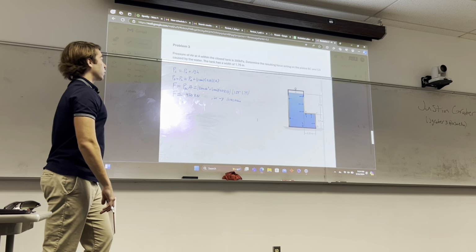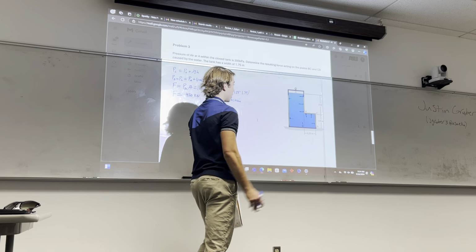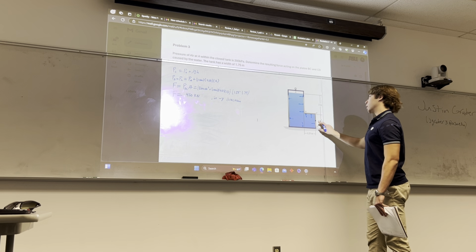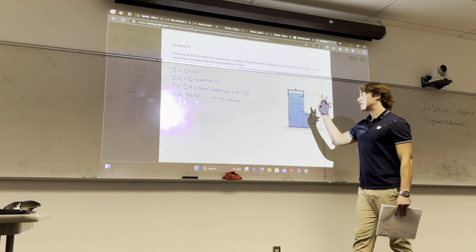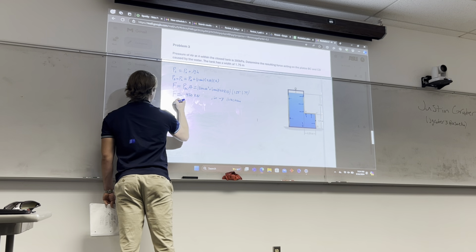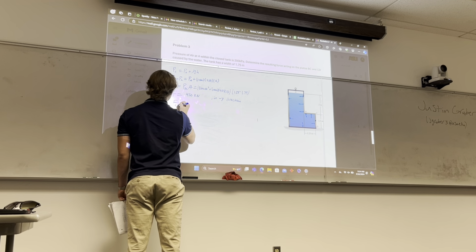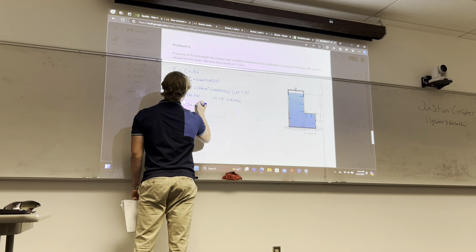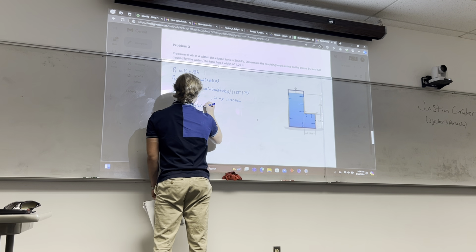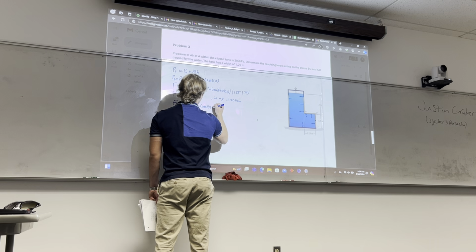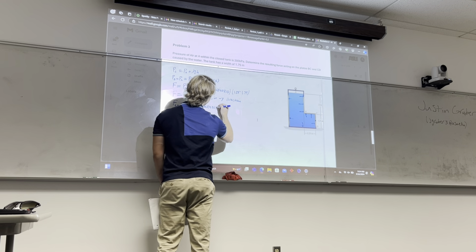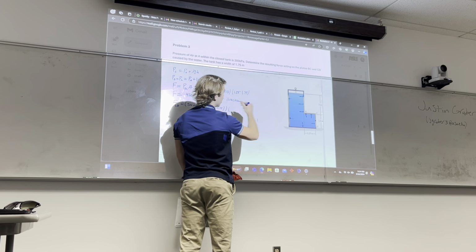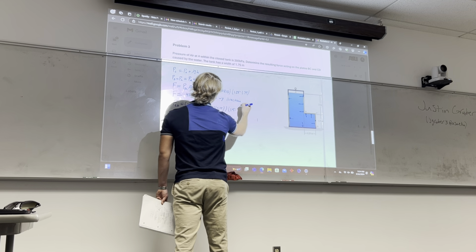Now for the force acting on CD, it's the same thing, except we care about the height of the centroid in this case. So this would be 0.75 plus 2, so 2.75 below. So F on CD equals the pressure, which is our 200 times 10 to the third plus 1,000 times 9.81 times 2.75 in brackets, times the surface 1.5 times 1.75 wide.